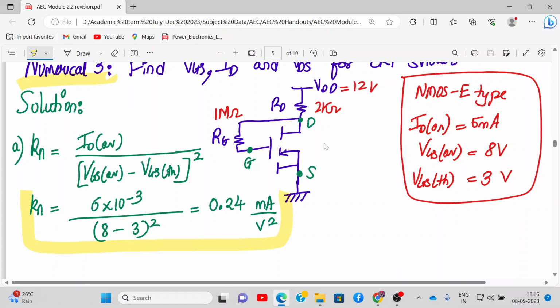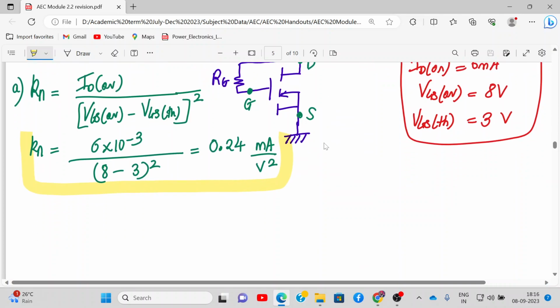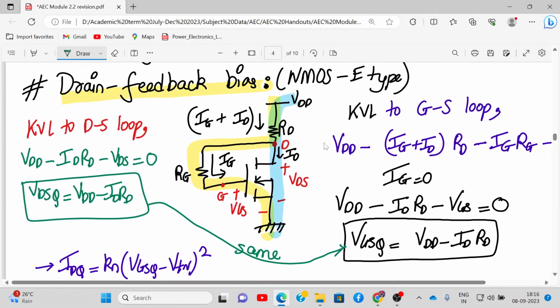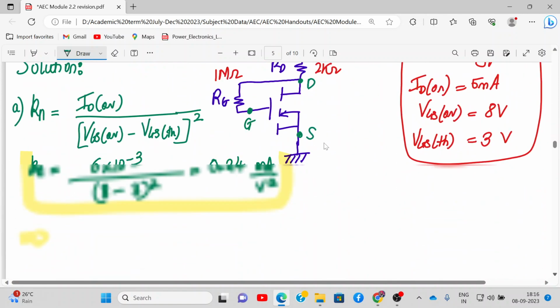Did you all get this value? Yes, sir. Okay, got it. Next, let's calculate VGS. If you forget this, you can derive it, but you know VGSQ is given by VDD minus ID RD. Just now we have seen VGSQ is VDD minus ID RD.